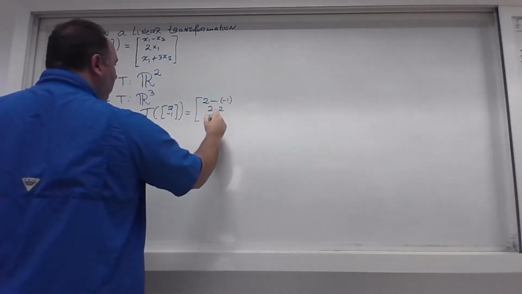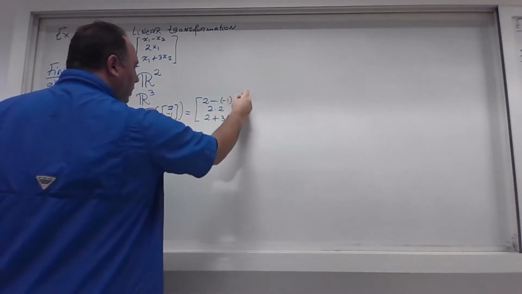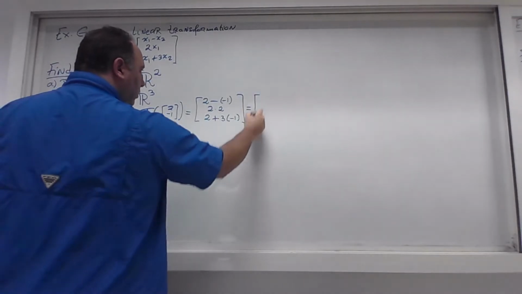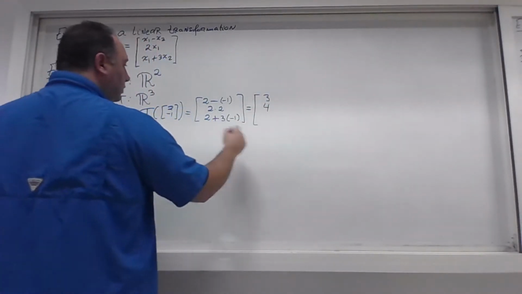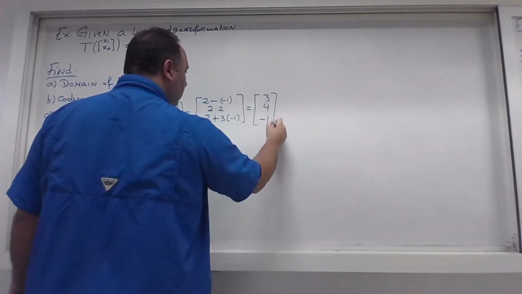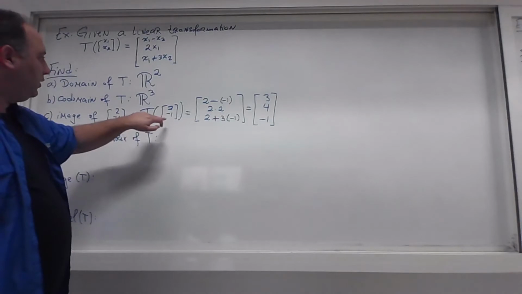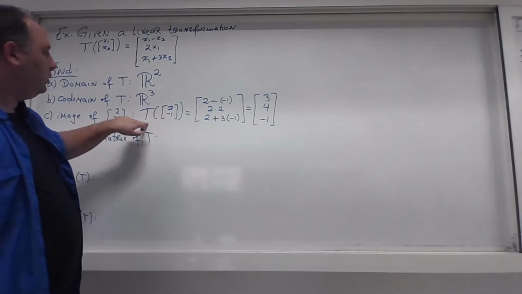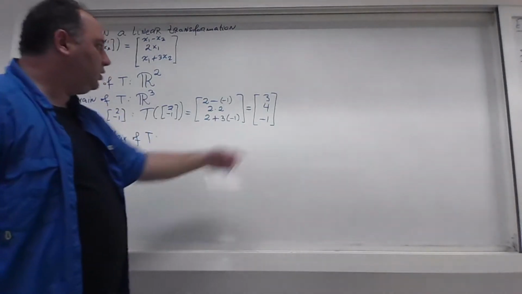And 2 plus 3 times -1. So this is 3, 4, this is -1. So that's the image of the vector 2, -1 under the action of linear transformation T. The image is 3, 4, -1.